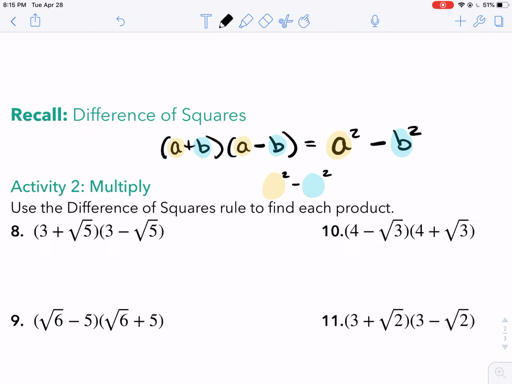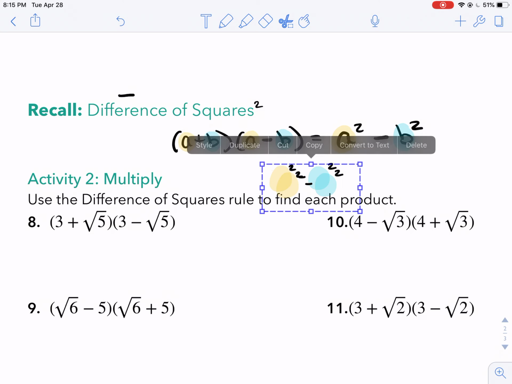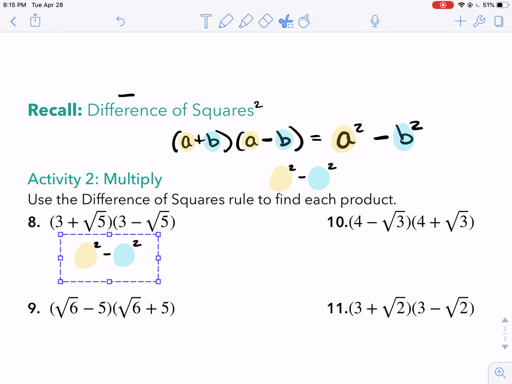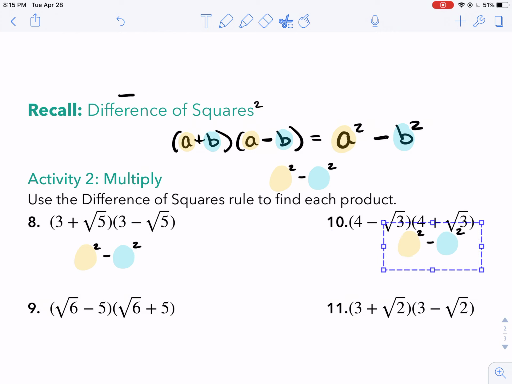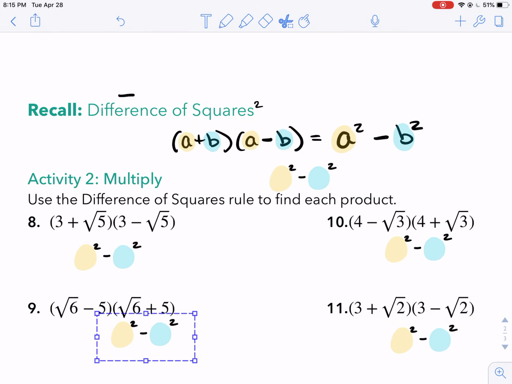That's why it's called a difference of squares, because difference means minus and squares is the square. So I'm going to put my difference of squares here, and I'll follow that pattern for each of these problems.